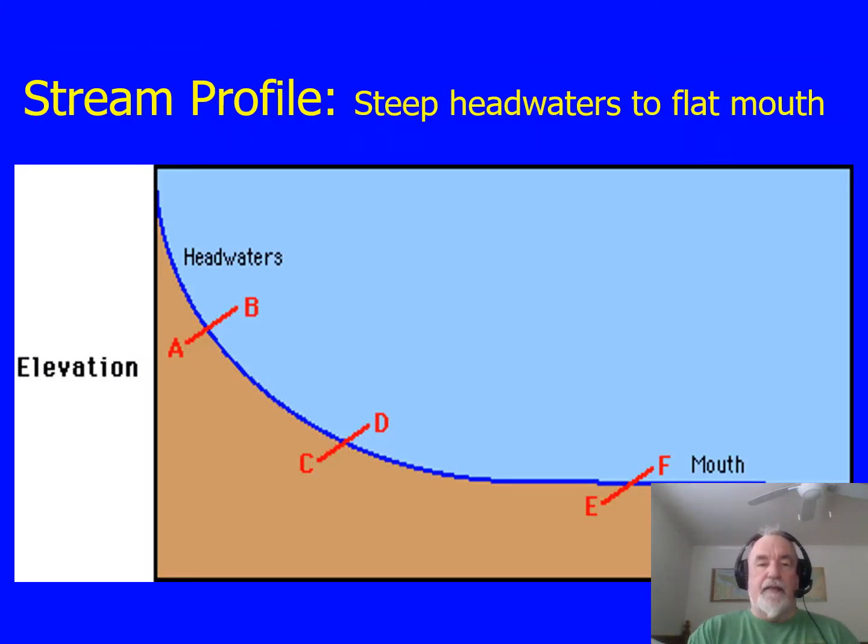Now we'll find that in fluvial processes, towards the headlands or the headwaters, we will have very steep slopes. So think about mountainous areas, where we're going to get steep gradients to the channels of rivers.